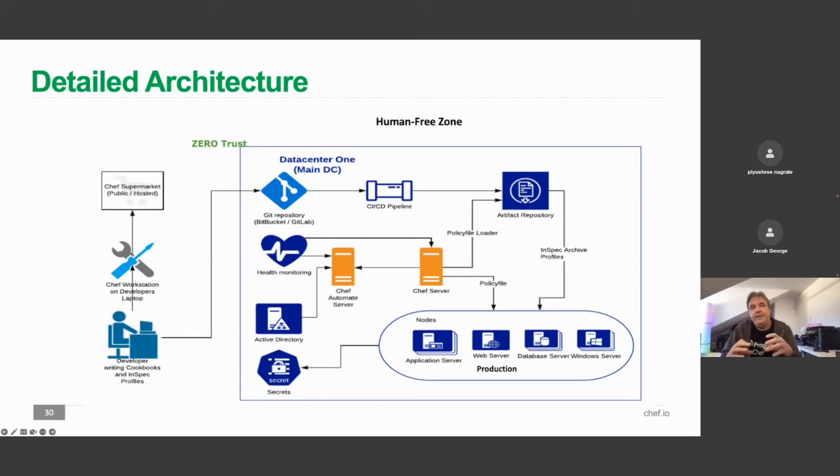But it is there and sacrosanct and is the thing that holds all of the base security models to say what can I pick data from. I can pick data from artifact repository, Chef server, and secrets in this instance, but nothing else can have any connection to production.